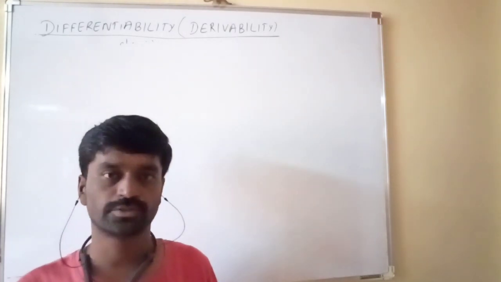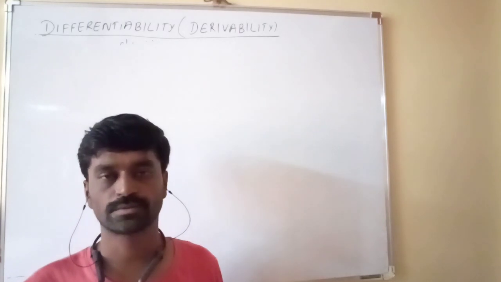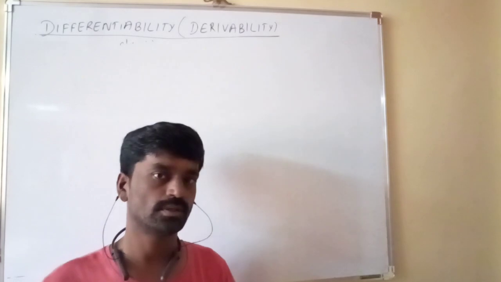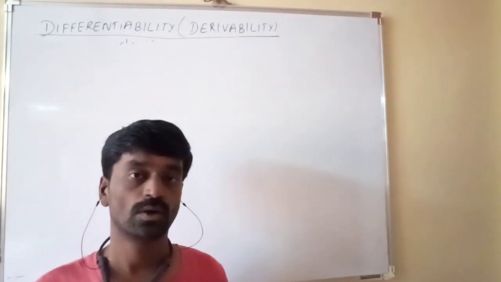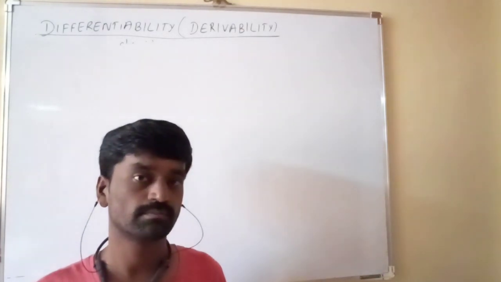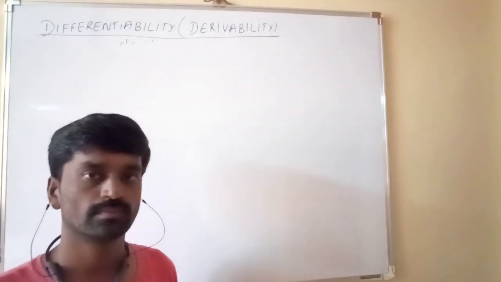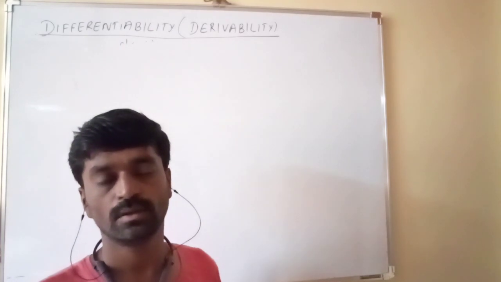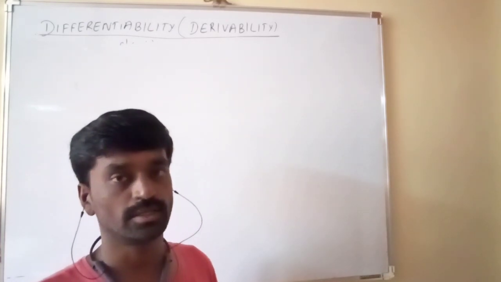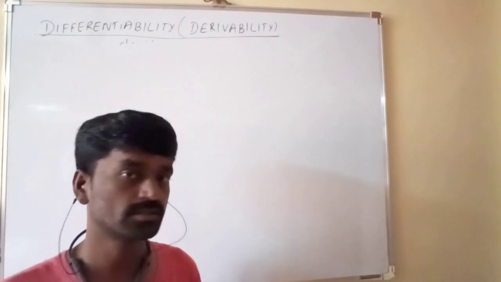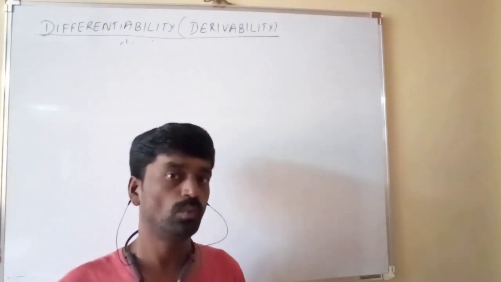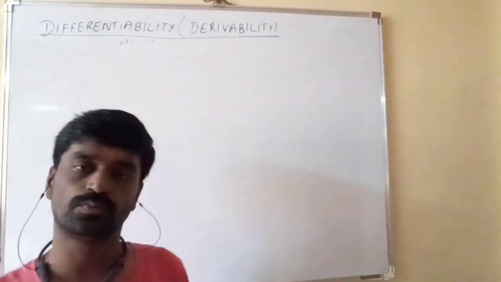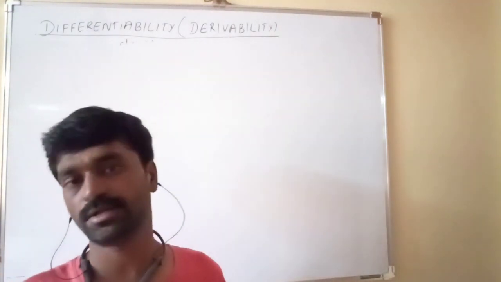Third case, vertical tangent. In the vertical tangent case, whatever happens, the function is continuous at that point but not differentiable. Next, one more case, sharp edge. In the sharp edge case also, the function is continuous but not differentiable. In case of a vertical tangent, both the left hand derivative and right hand derivative are tending to plus infinity or both are tending to minus infinity.